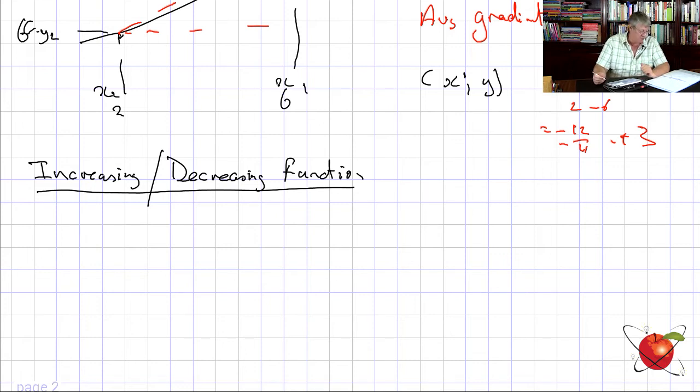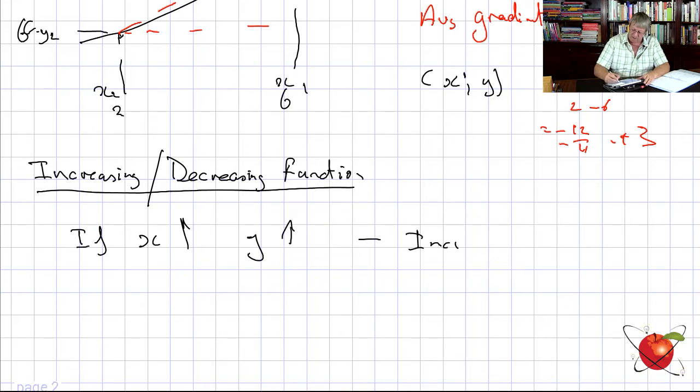Essentially, if x gets bigger and y gets bigger, we say it's increasing. If x is getting smaller and y is getting smaller, it's a decreasing function. If x increases, x gets bigger, y gets bigger. For decreasing, if x gets bigger, y gets smaller.